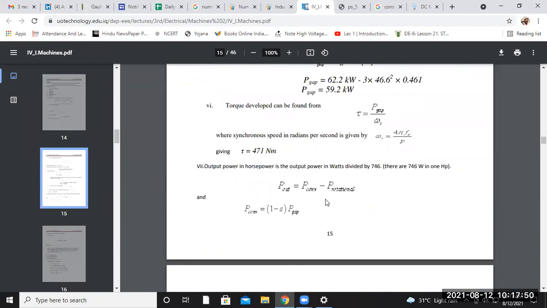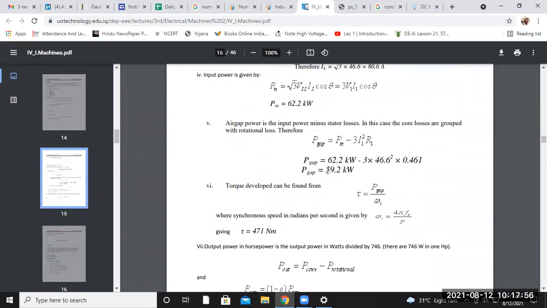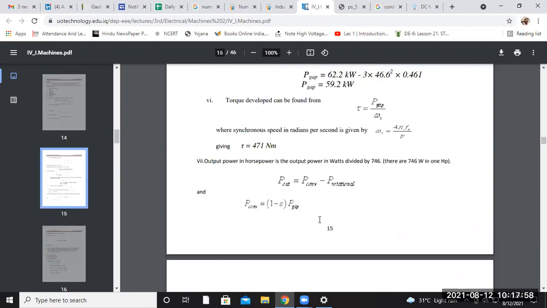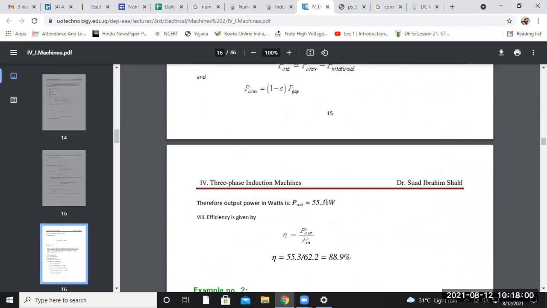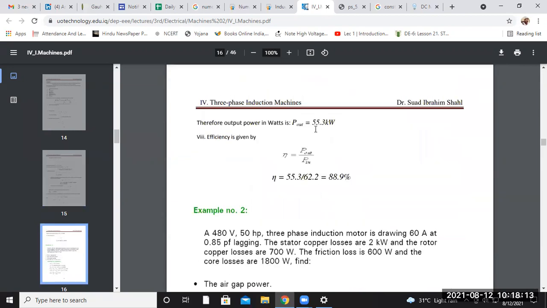So putting in the values, you will get the appropriate output power as 55.3 kilowatt. As you can see, the air gap power is 59.2 kilowatt, but the output power is 55.3. So there is a total decrement of power from the input to the output. The input power is 62.2 kilowatt, then the air gap power is reduced to 59.2 kilowatt, and the output power becomes 55.3 kilowatt because of the losses that occur in the induction machine.